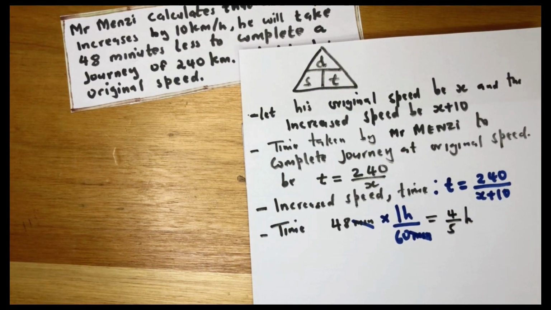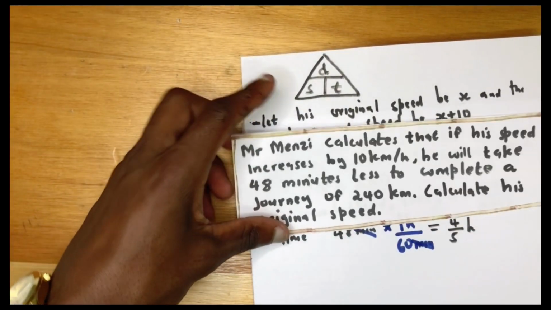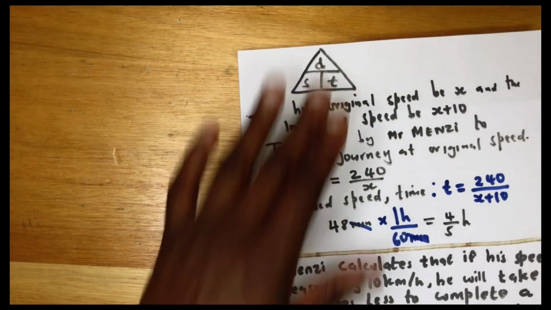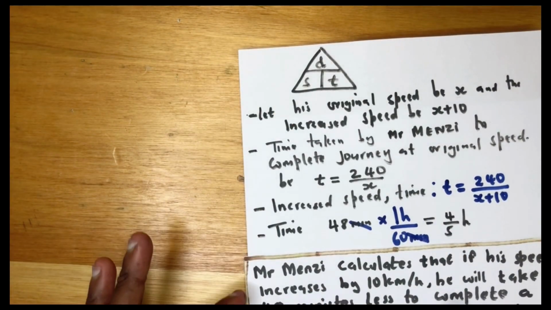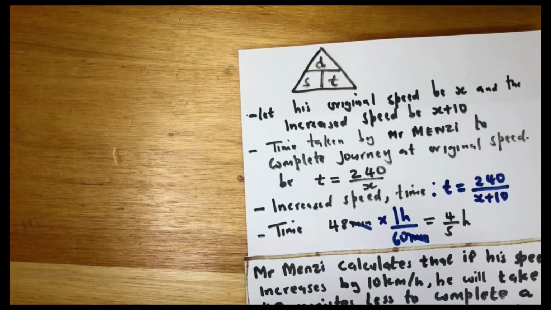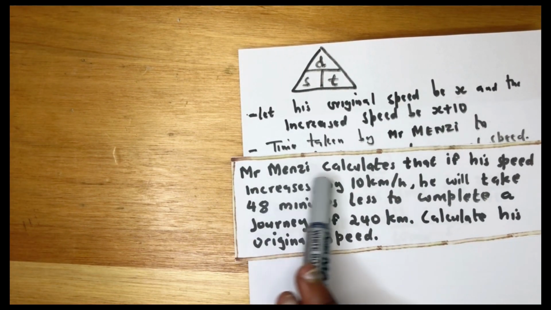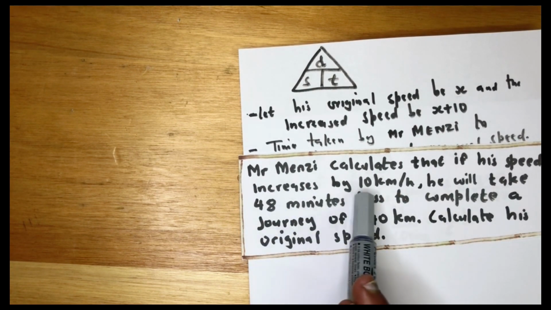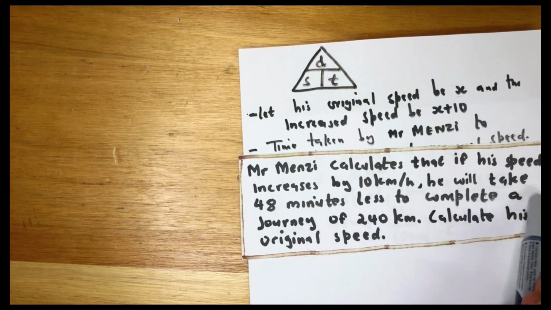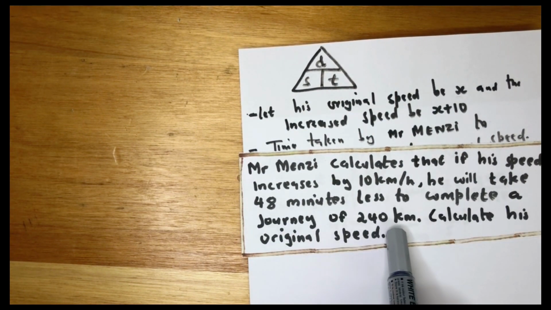Right. Guys, let's read the question again based on this scenario, and turn the words into a mathematical statement. They're saying that Mr. Menzi calculates that if his speed increases by 10 kilometers, he will take 48 minutes less to complete a journey of 240 kilometers.